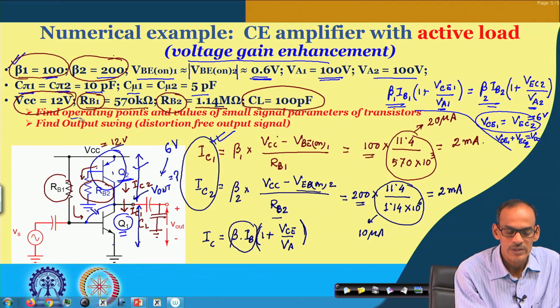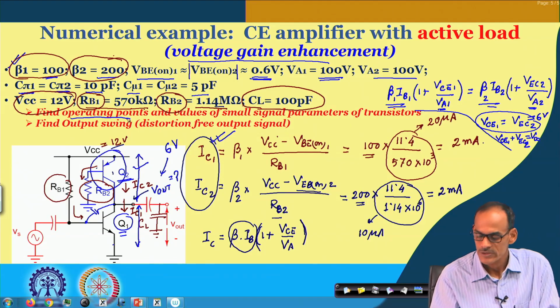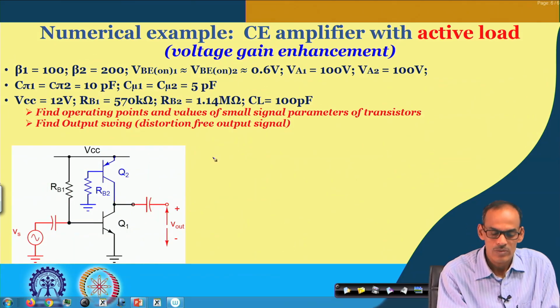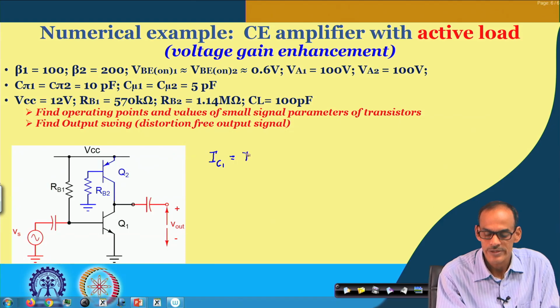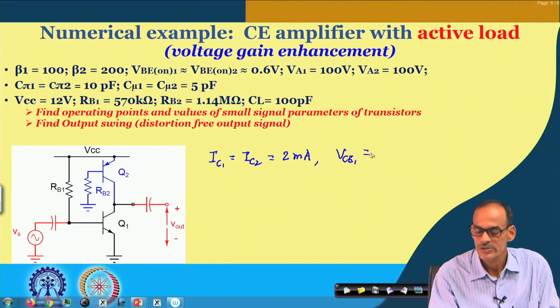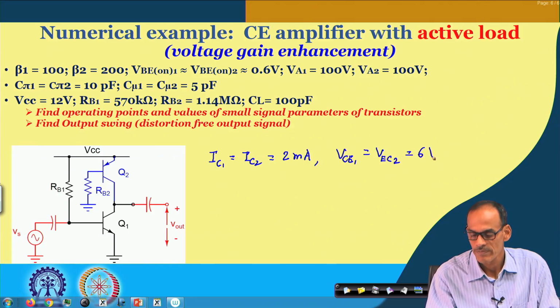So, let me summarize the operating point. We have IC1 equals IC2 equals 2 milliampere, VCE1 equals VEC2 equals 6 volt.